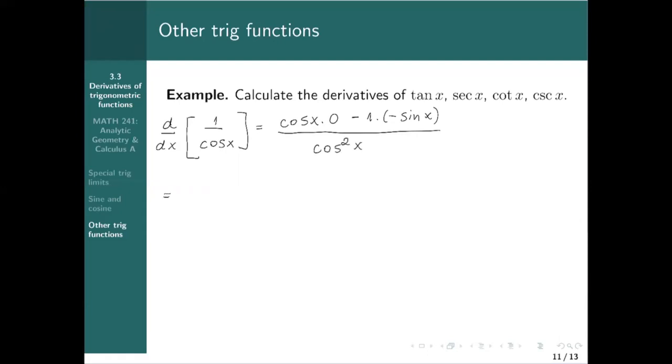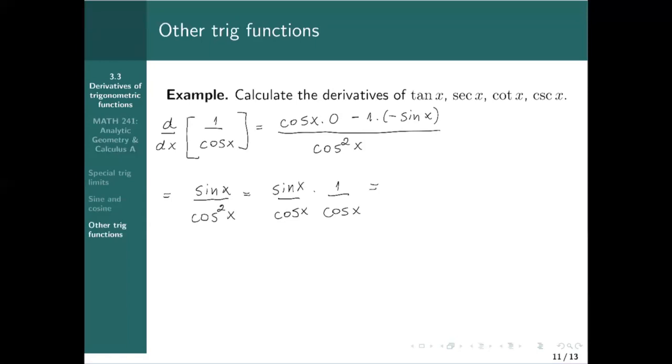Well, this first term in the numerator is going to be 0, and the second term in the numerator is going to be sine of x. And then we repeat the denominator. I'm going to rewrite this as sine of x over cosine of x times 1 over cosine of x.